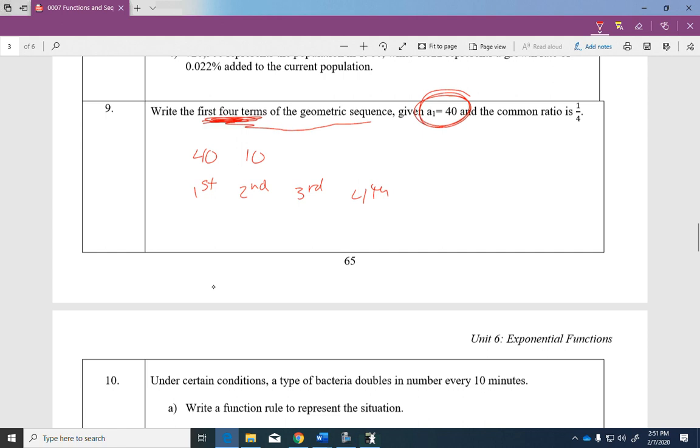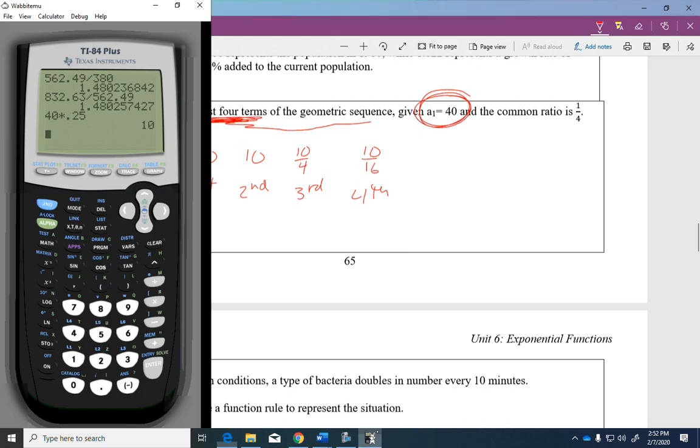What's 10 times 1/4? I don't feel like continuously opening up my calculator. I know 10 times 1/4 is 10/4. And then 10/4 times 1/4 is 10/16. Leaving it as fractions, it's really so easy for me to do it fraction-wise without pulling out my calculator.